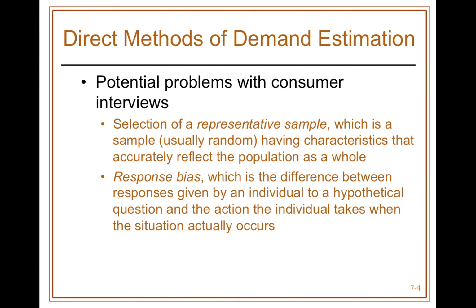Another thing to think about is response bias. And this is the difference between responses given by an individual to a hypothetical question and the action the individual takes when the situation actually occurs. So today, at my day job, we were talking about CE credits for this designation that's given from where I work. Think of it like a CPA.